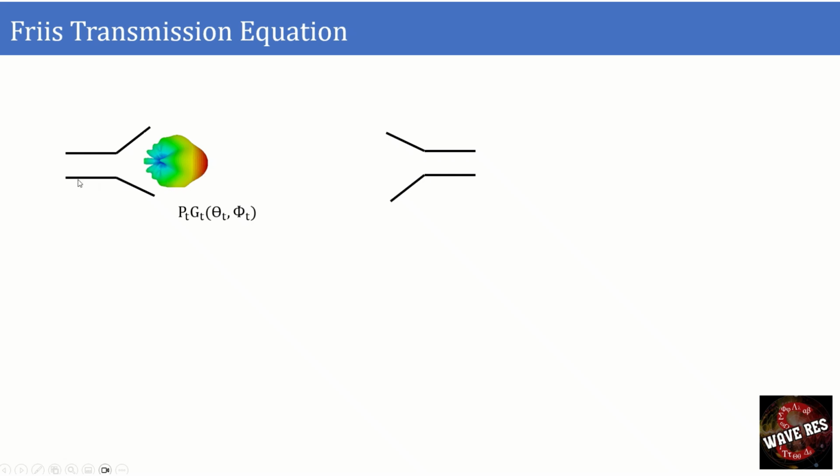If PT is the transmitted power from this antenna, then based on the gain of the antenna, the total power transmitted will be PT GT(θT, φT), where θ and φ are the 3D angles of these patterns. When we consider maximum power transfer, we are at this point, so it will be PT GT. This is the total power transmitted from the antenna.